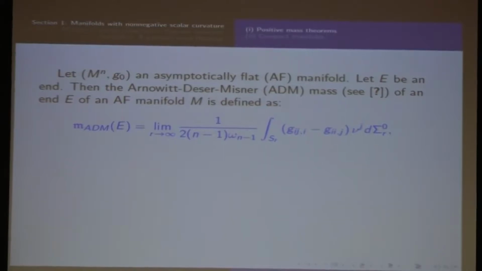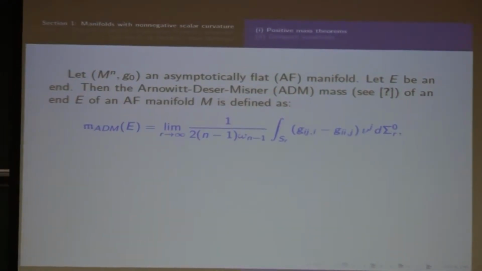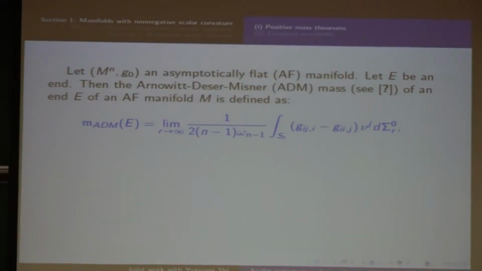suppose we are talking about some asymptotically flat manifold. So near infinity, it just looks like Euclidean space. Let E be an end, so just like a Euclidean space minus some ball. Then we can define the so-called ADM mass.